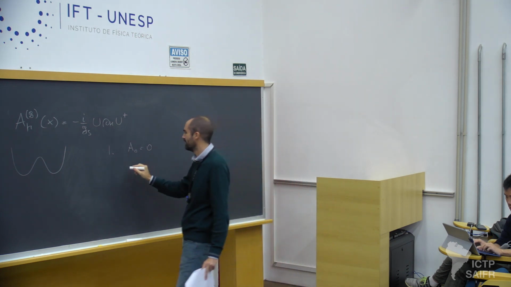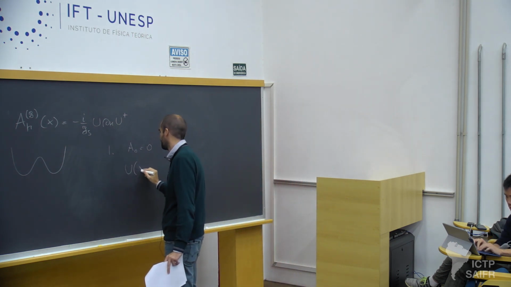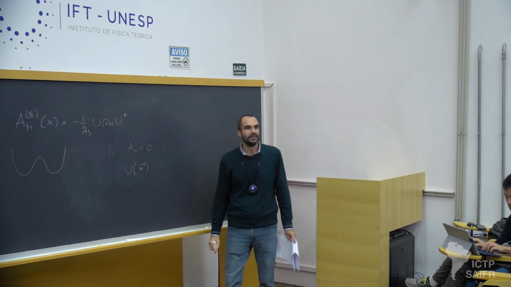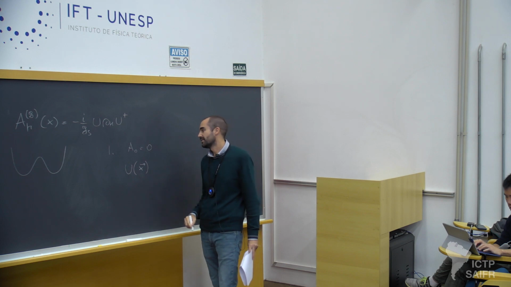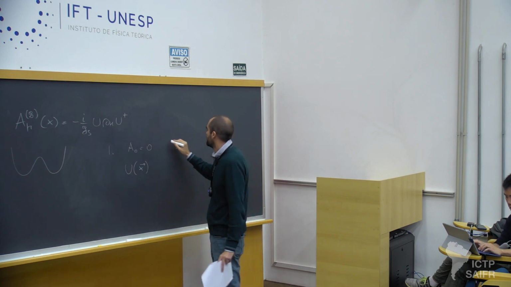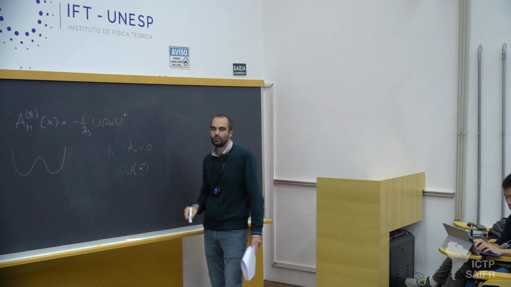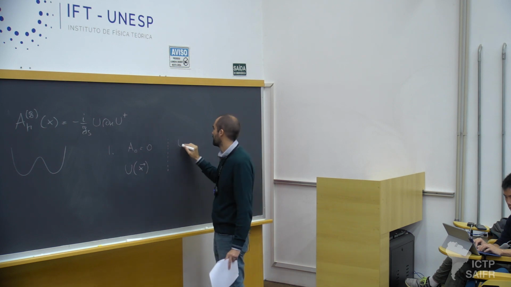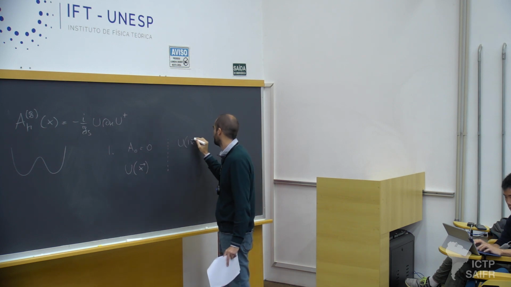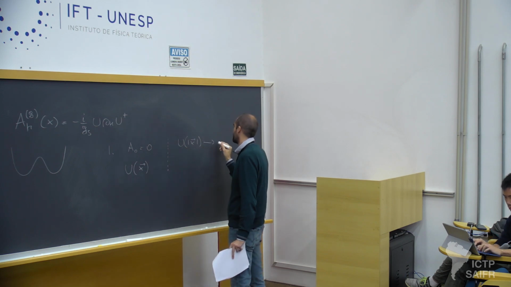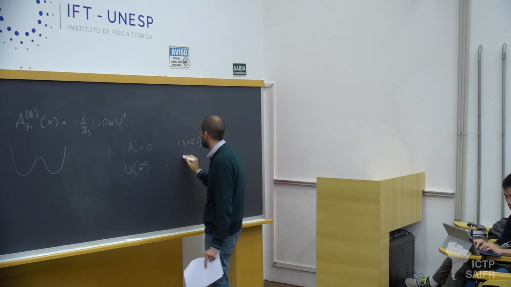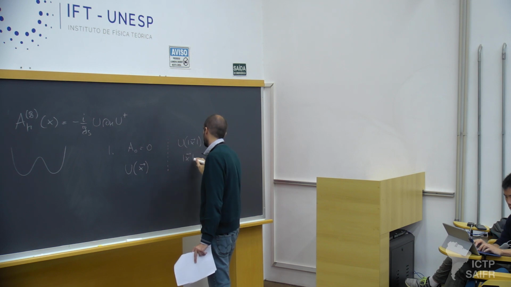Okay, so now I have to count all gauge transformations that depend only on the position in space. And the second thing that I have to do is to impose boundary conditions, and I'm going to choose the following one. So I want our gauge transformation to go to 1 when we are going at large distances.